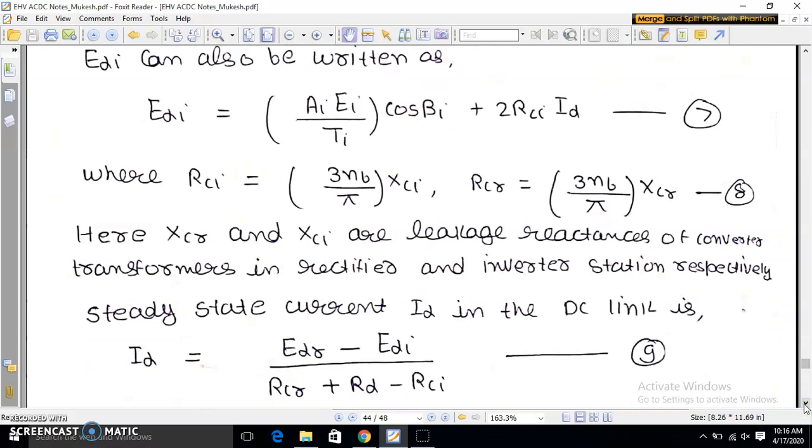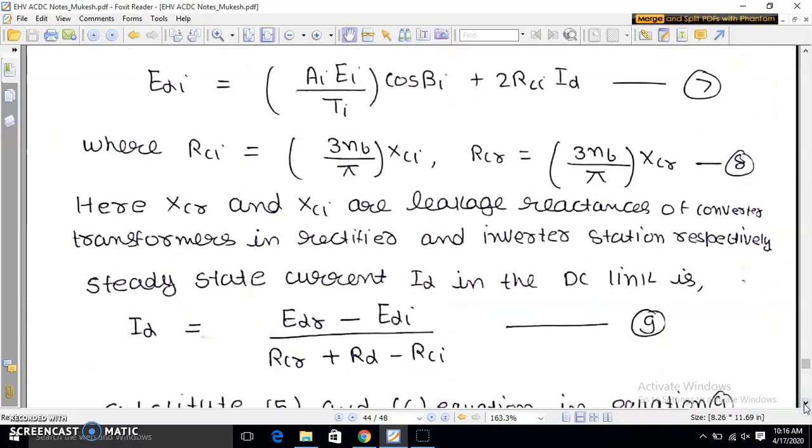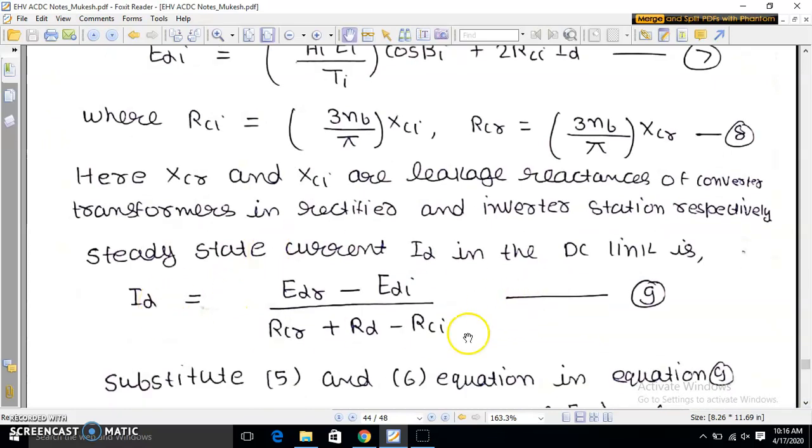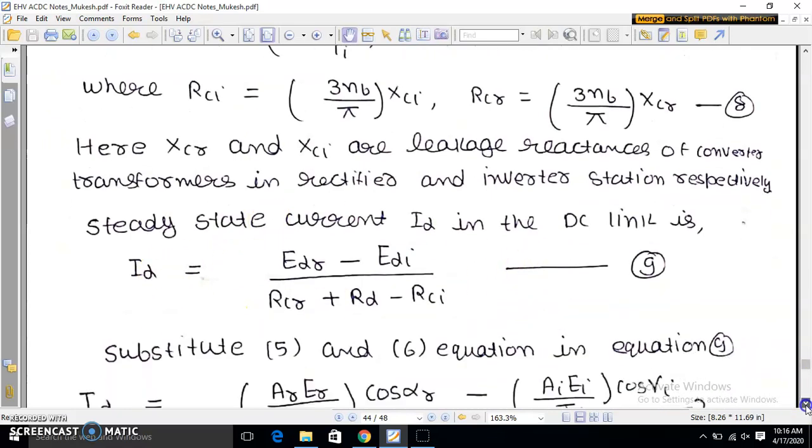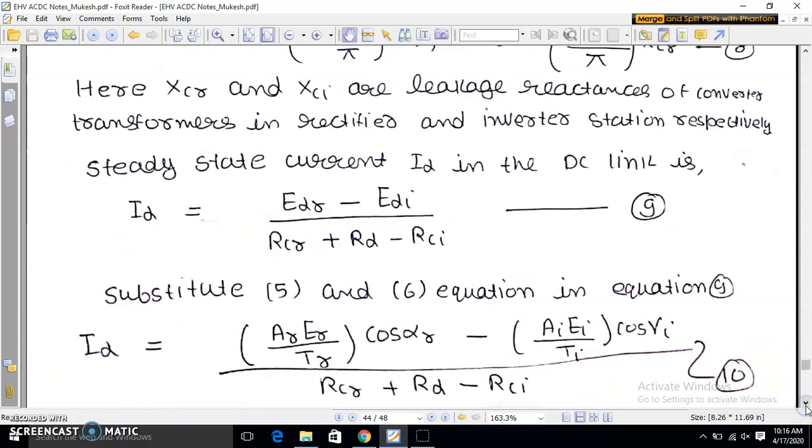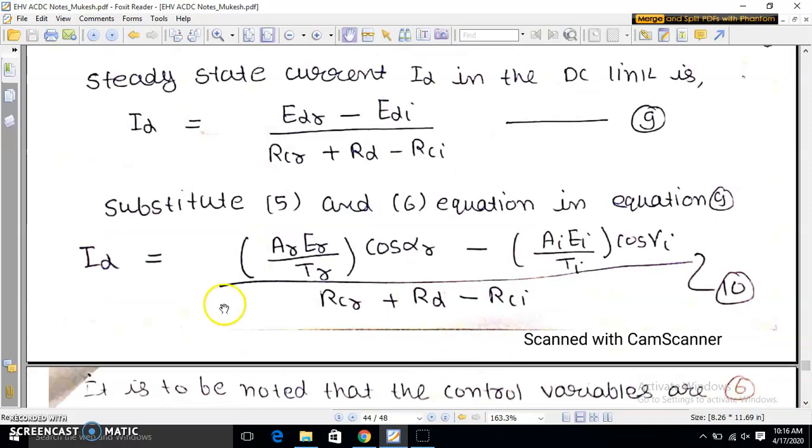The steady state current in the DC link is given with equation number 9.